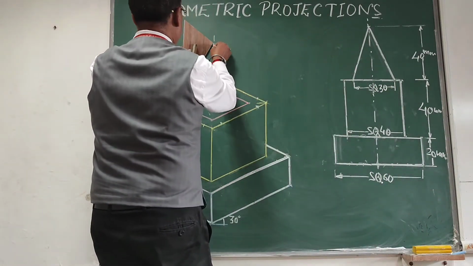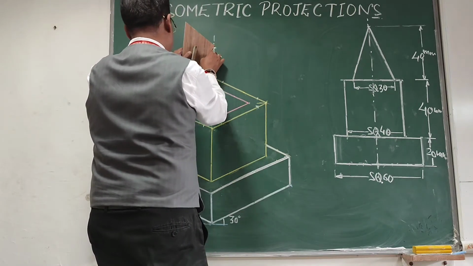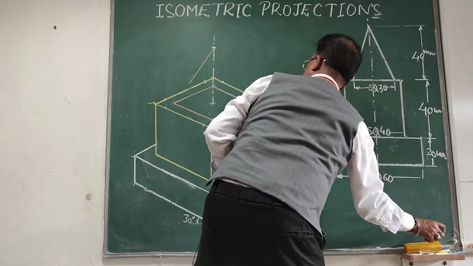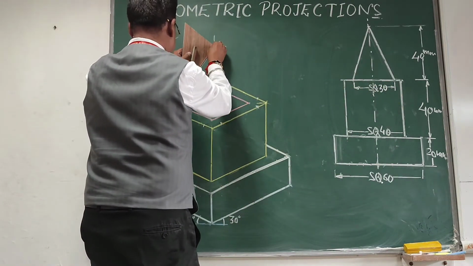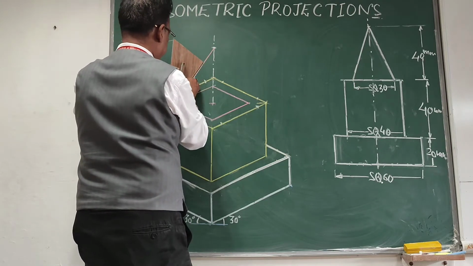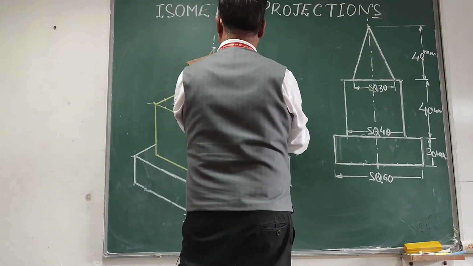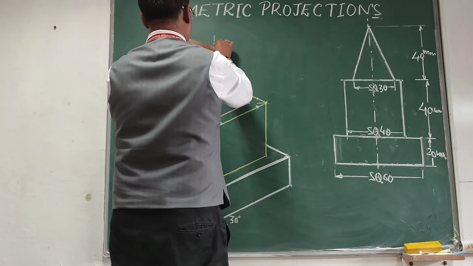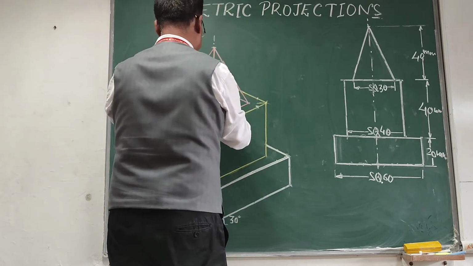I can join this apex with the corners of the pyramid like this, and this one also.